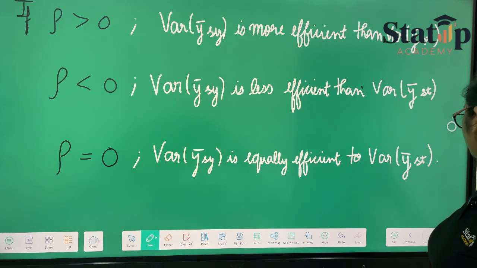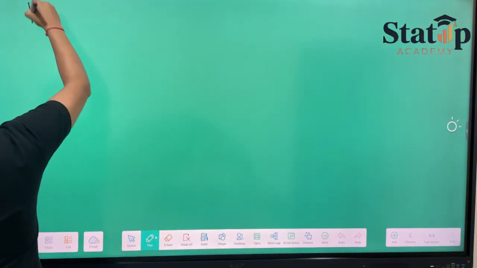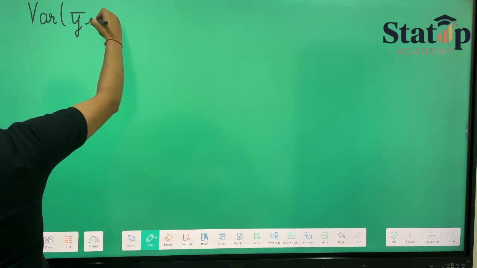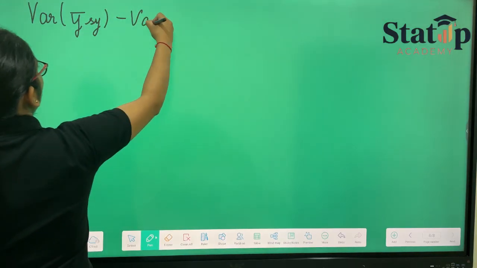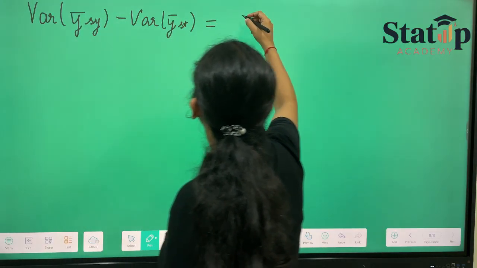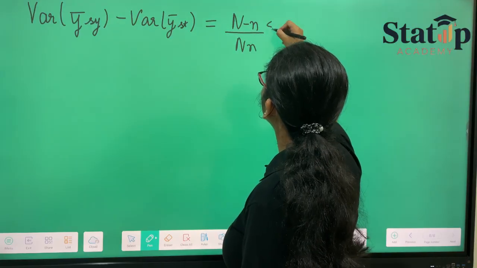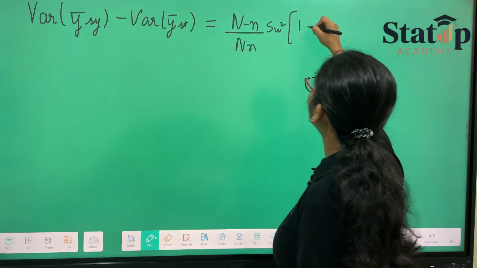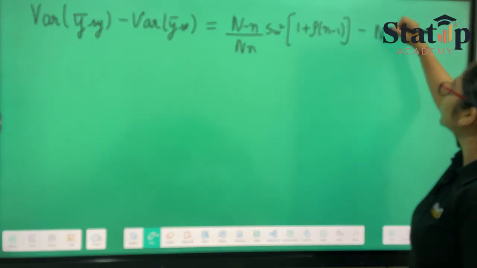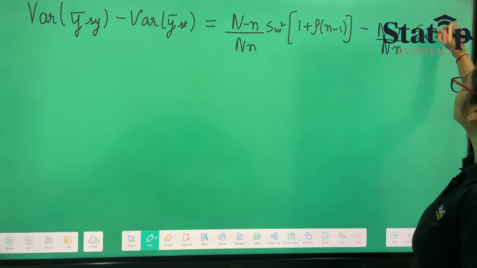Okay, we can also do this in the form of subtraction. Variance of y bar systematic minus variance of y bar stratified can be written as (N minus n) upon N n, S_w square, 1 plus rho (n minus 1), minus (N minus n) upon N n, S_w square.